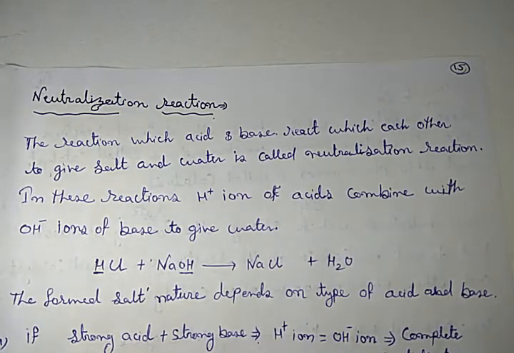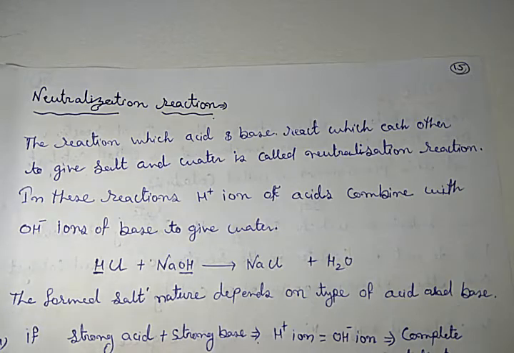So in the neutralization reaction, H+ and OH- ions react with each other. If 1 mole of hydrogen ions, that is H+ ions, is present, then to neutralize them we need 1 mole of OH- ions.